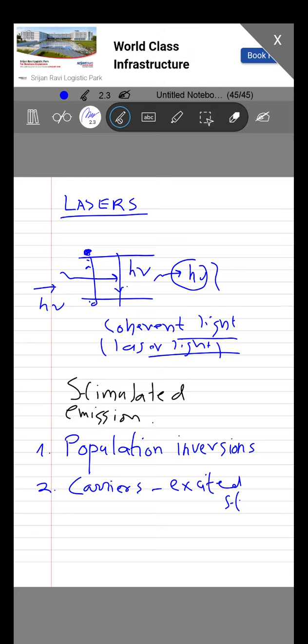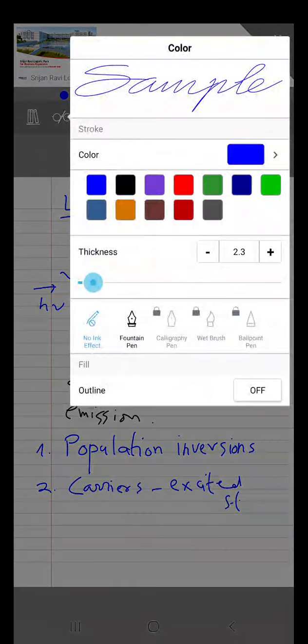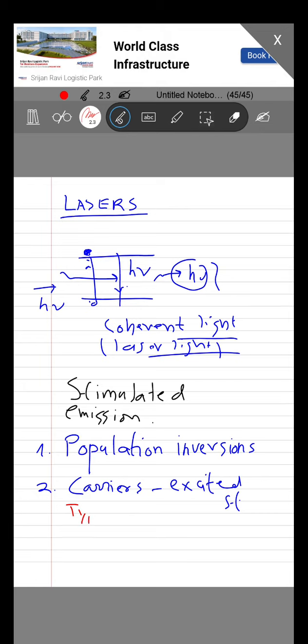There are different types of lasers that are used. For example, let's start with the JPN laser. This laser works on the principle of total internal reflection.